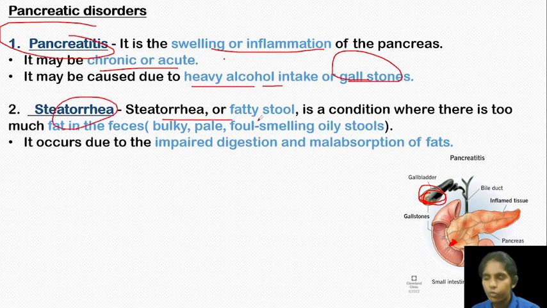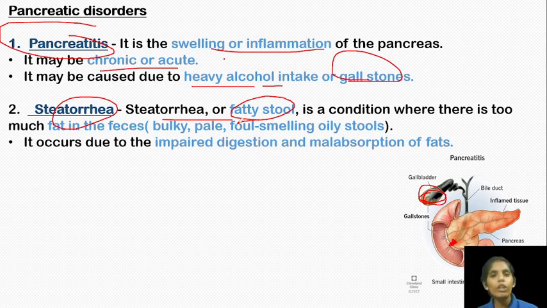Now coming to a condition called steatorrhea. Steatorrhea is also known as fatty stool. If the pancreas is not working properly, it won't be able to release an enzyme called pancreatic lipase. This pancreatic lipase is an enzyme which helps in the digestion of lipids. If the pancreatic lipase is not released properly, the lipids present in the food will not be digested and will not be absorbed.